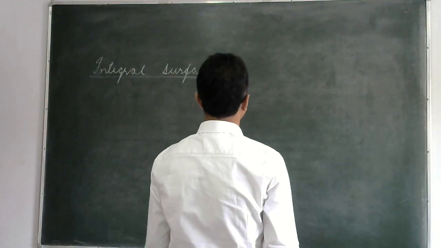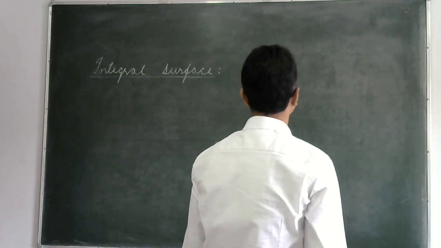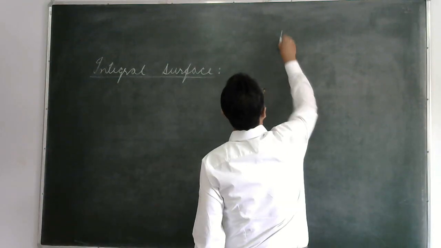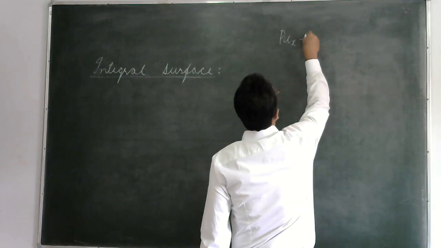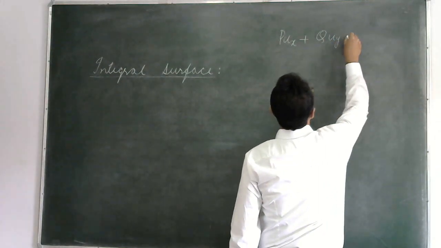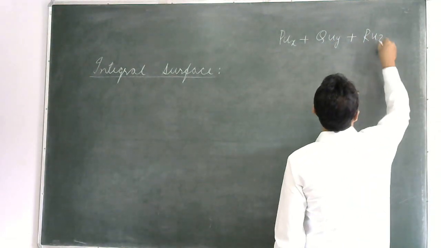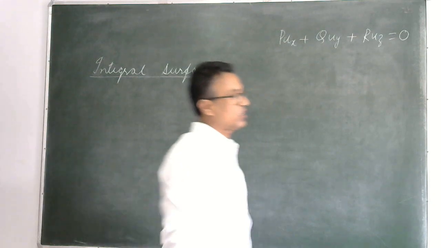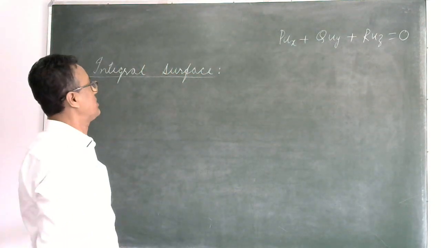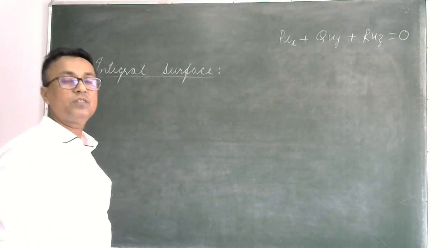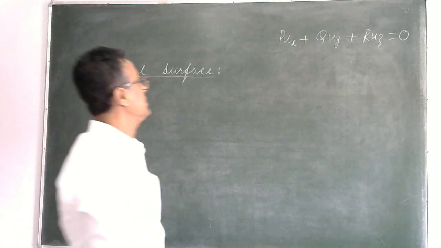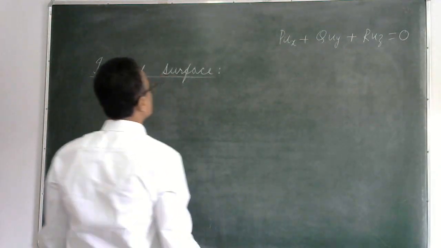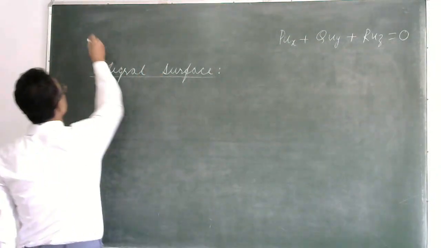So integral surface appeared only because we were dealing with something like this is equal to 0. If you recall, it has some association with that differential equation, right? And what we did, we considered a vector field.